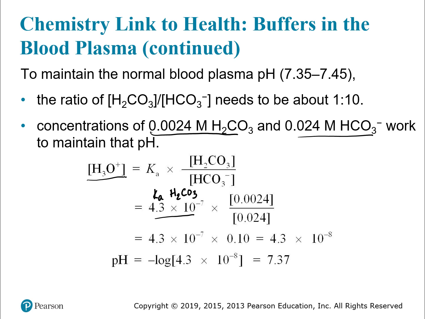And then using the concentrations of carbonic acid and bicarbonate in our blood, we can figure out what the concentration of hydronium is and use that to calculate our pH. So if you use that, it's about 7.4, right? 7.37.